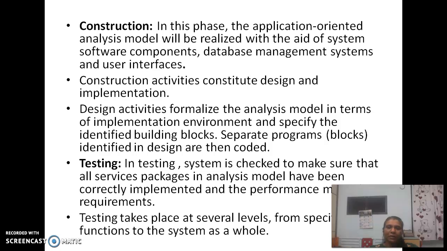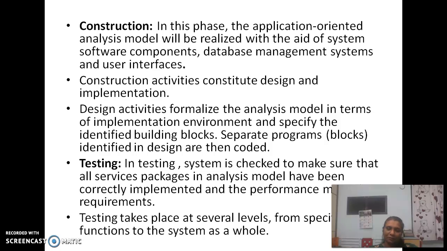So finally coming to the testing. In testing, the system is checked to make sure that all service packages in the analysis model have been correctly implemented and the performance meets its requirements. Now here in testing, we look into what the specification says, whether all the specifications given in the specification requirements document are being met or not.